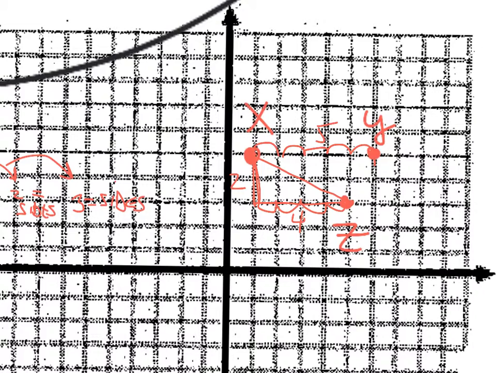So doing Pythagorean theorem on that, that's 4 squared plus 2 squared is c squared. So that'll be 16 plus 4, which is 20. So square root of 20 is that distance. I'm just going to write that distance in as square root of 20.